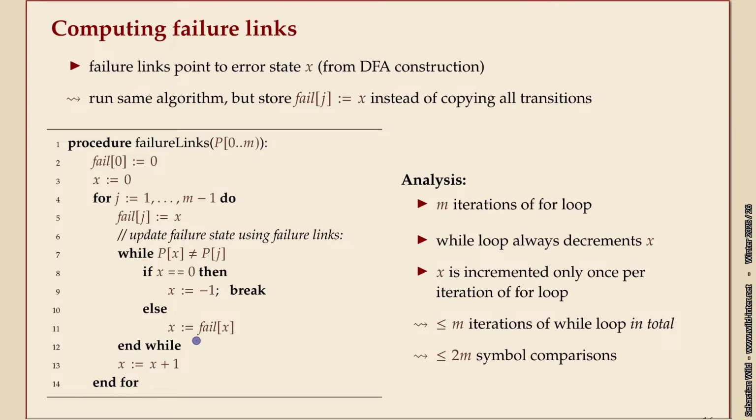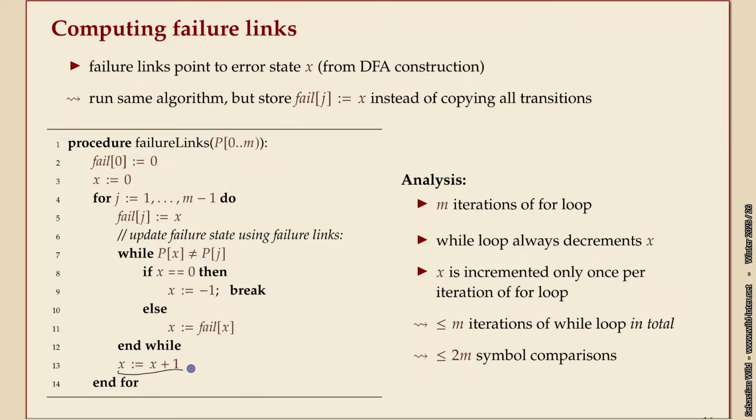Because before you can make x smaller, you have to have made x larger previously, and you only make it larger down here, and only by one at a time. So over the course of all iterations of the outer loop, you're making x at most m bigger. And this always makes x strictly smaller. So you cannot make x strictly smaller more than m times when you never make it bigger than m times.